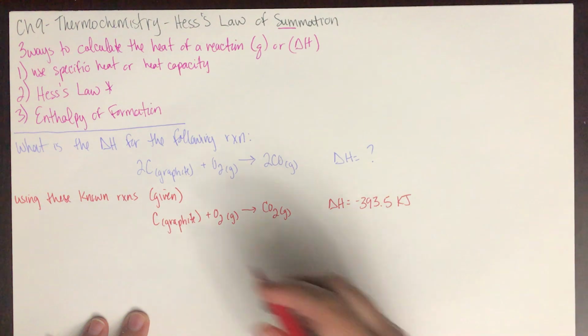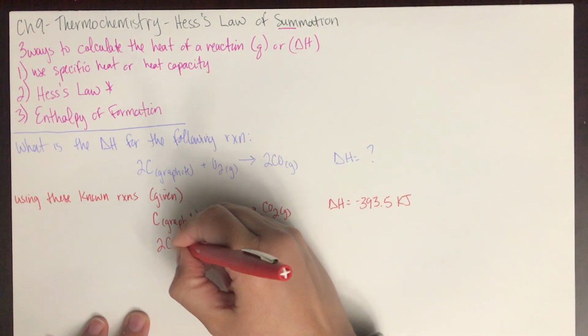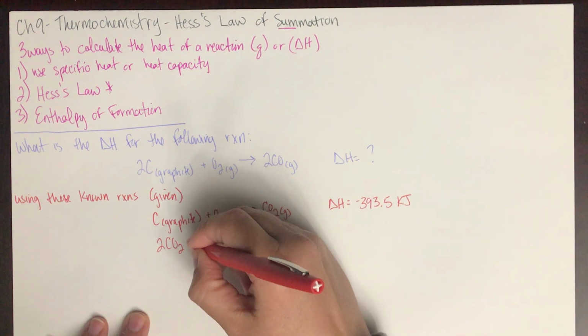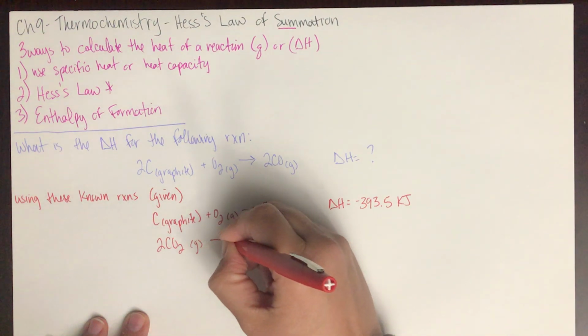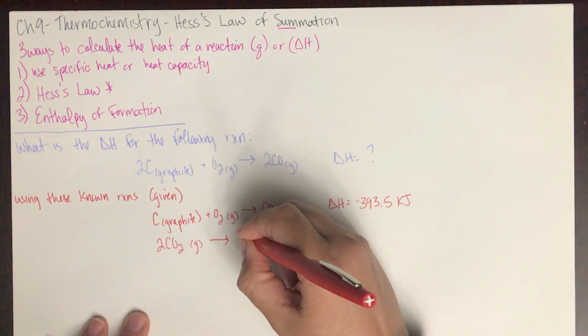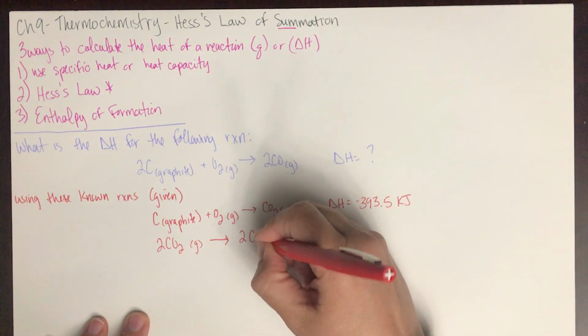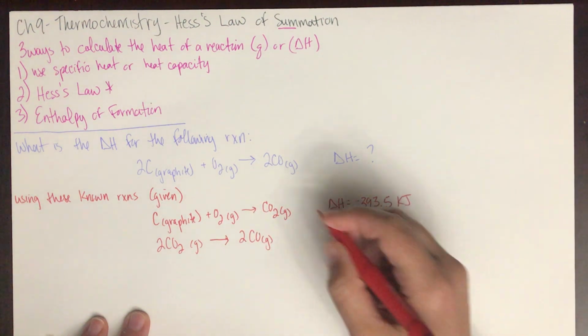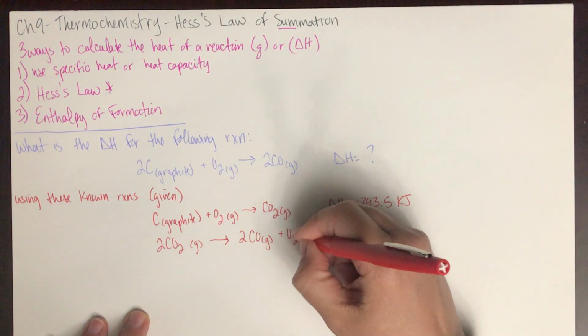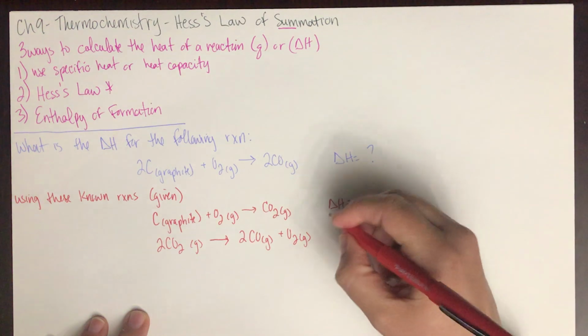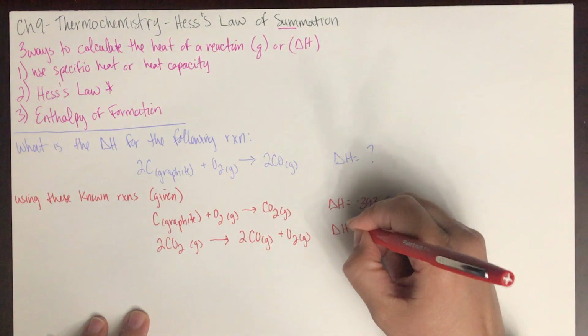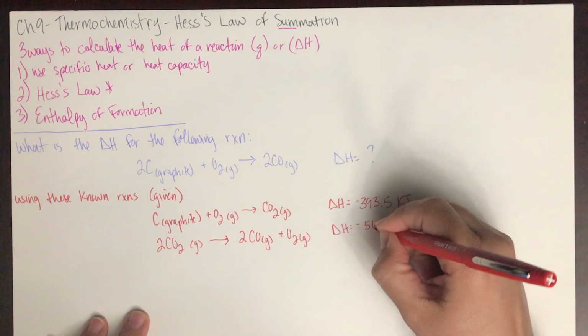Another known reaction that we can use says 2 moles of carbon dioxide gas produces 2 moles of carbon monoxide gas plus 1 mole of oxygen gas. And that has an enthalpy change of negative 566.0 kilojoules.